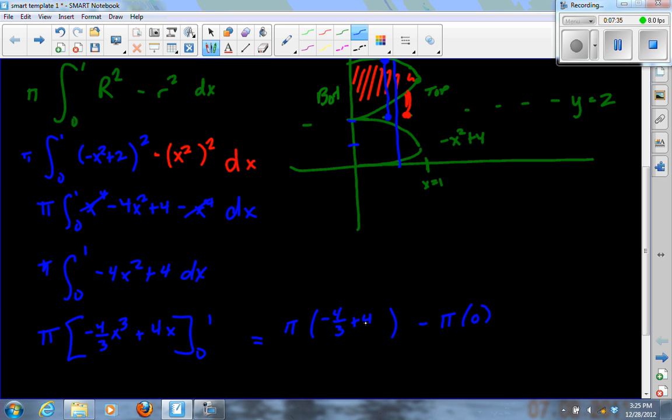So negative 4/3 plus 4, 4 is 12/3, so this would be 8/3. So 8 pi over 3 is that volume, units cubed.